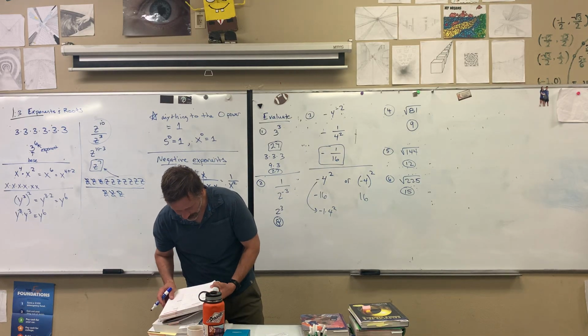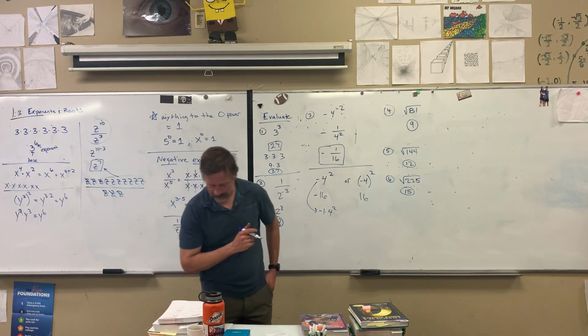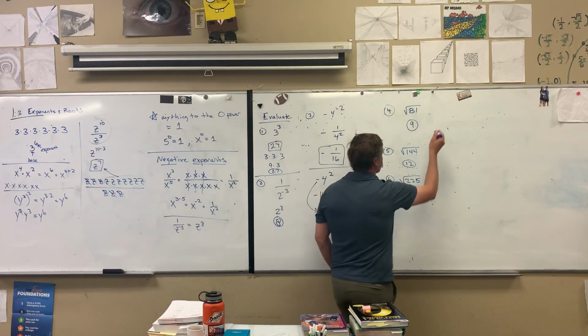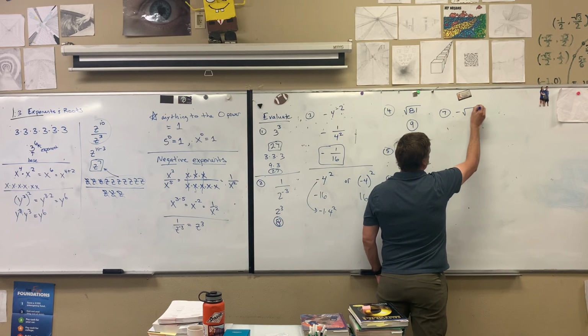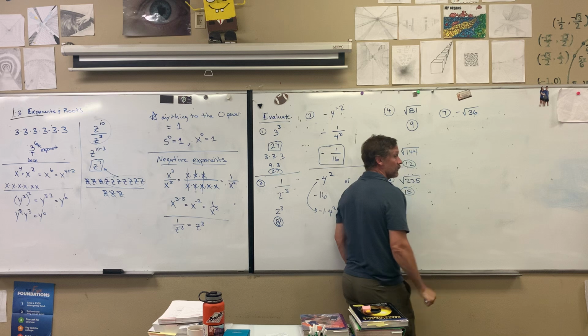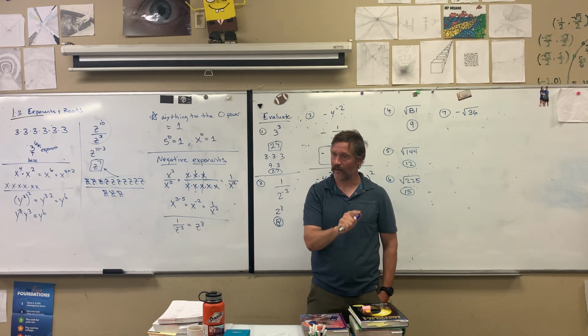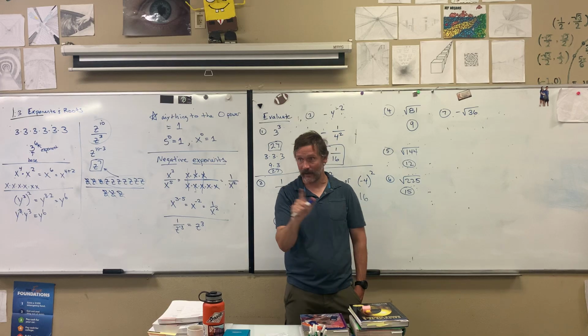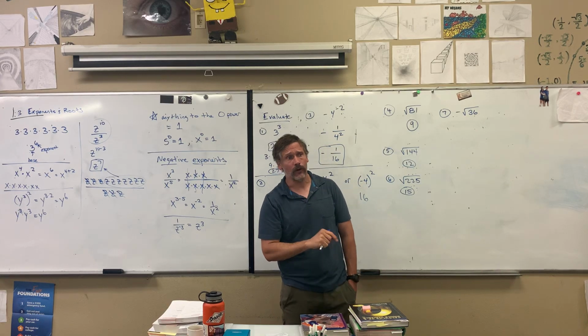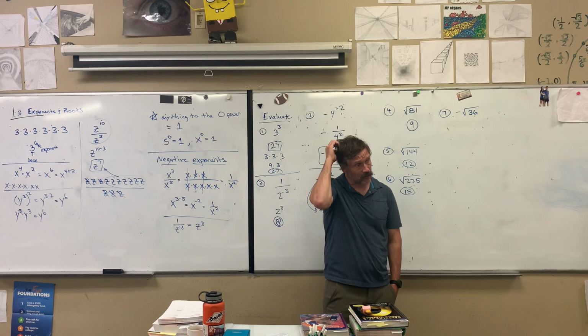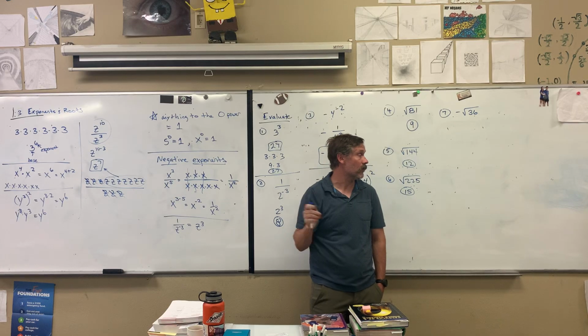All right, so then what happens if we have this, number 7, a negative square root of 36? Now it's important to make a note, where is the negative, on the inside or the outside? It's on the outside. If it was on the inside, we would actually jump into the imaginary set of numbers, which we're not going to deal with right now.